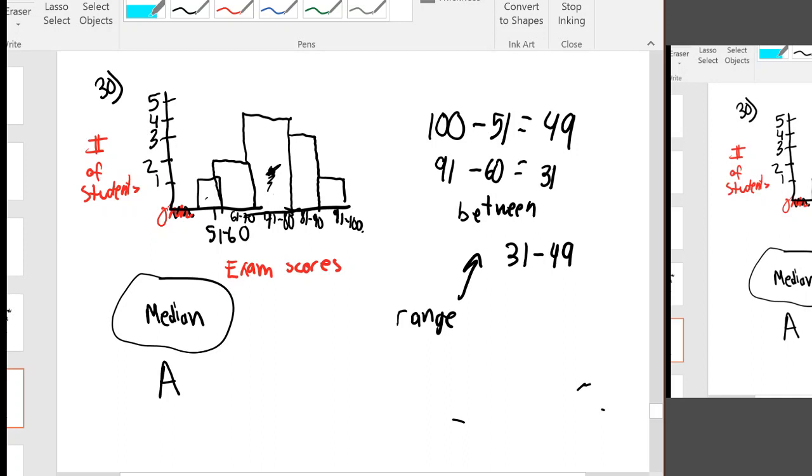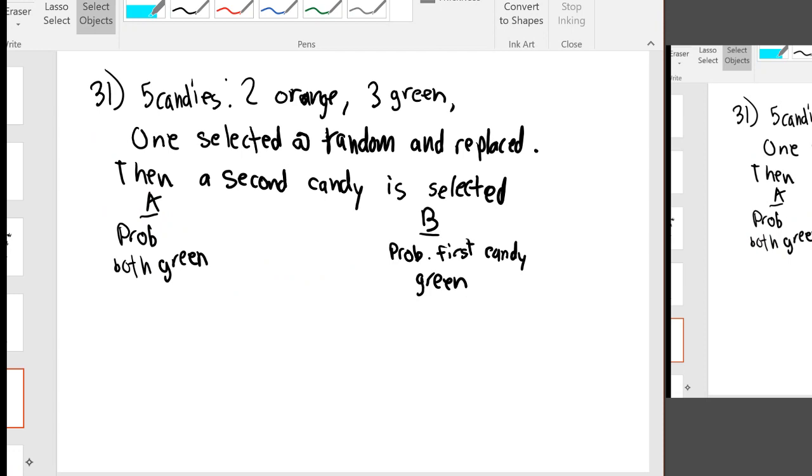All right, I have 2 problems left. Okay, 5 candies, 2 orange, 3 green, 1 selected at random and replaced, then a second candy is selected. The probability they're both green, versus the probability the first candy is green. This one is simple.